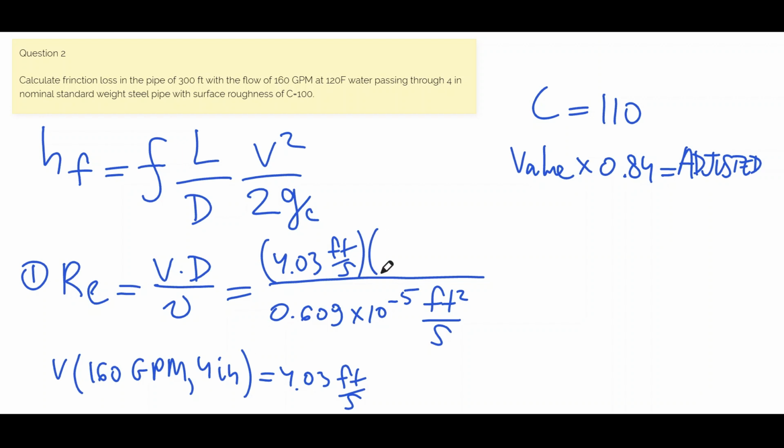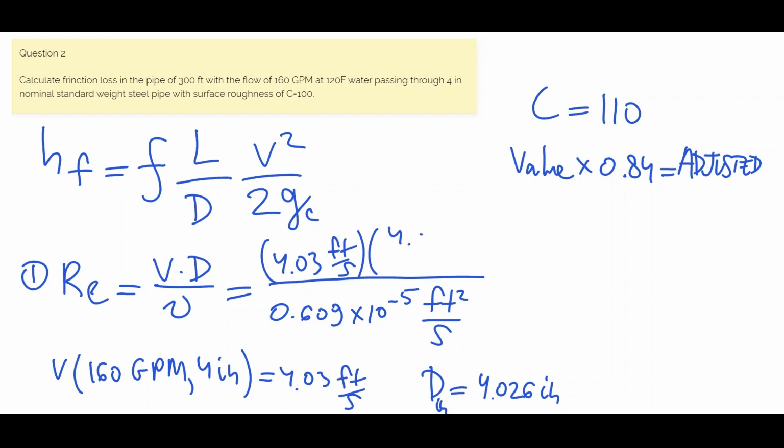And if you look at those same tables, your diameter will be 4.026 inches. This is the inside diameter for the pipe. We always use inside diameter in these types of problems because the water only touches the inside flow of the line. So you have to find out the inside diameter of the line.